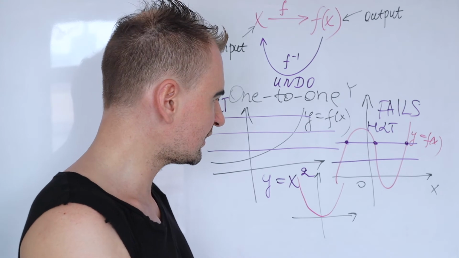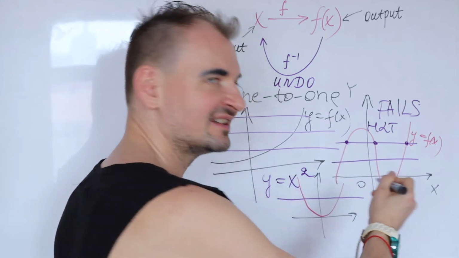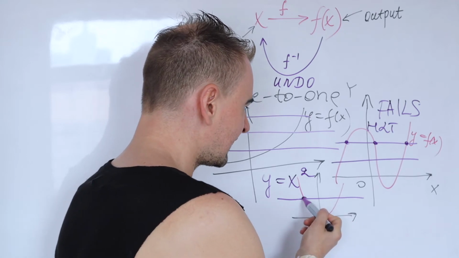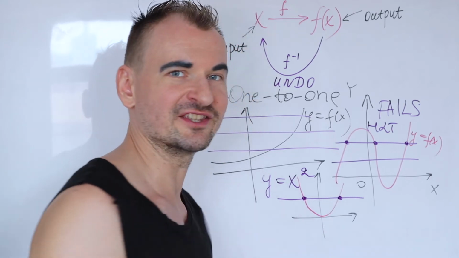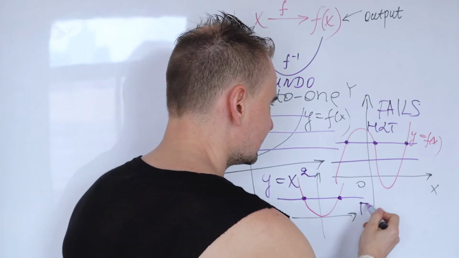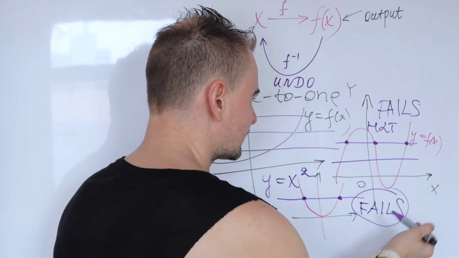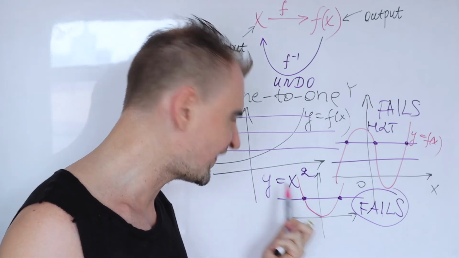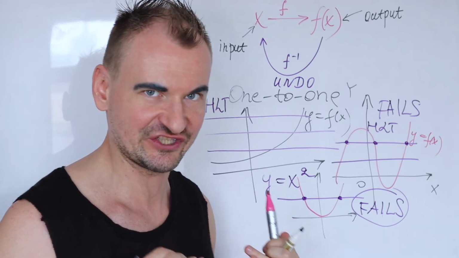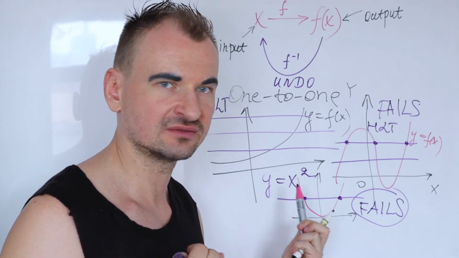And if you draw a horizontal straight line, this line passes through your parabola at 2 points. So your function x squared fails the horizontal line test. For that function, there is no inverse function. It does not exist.